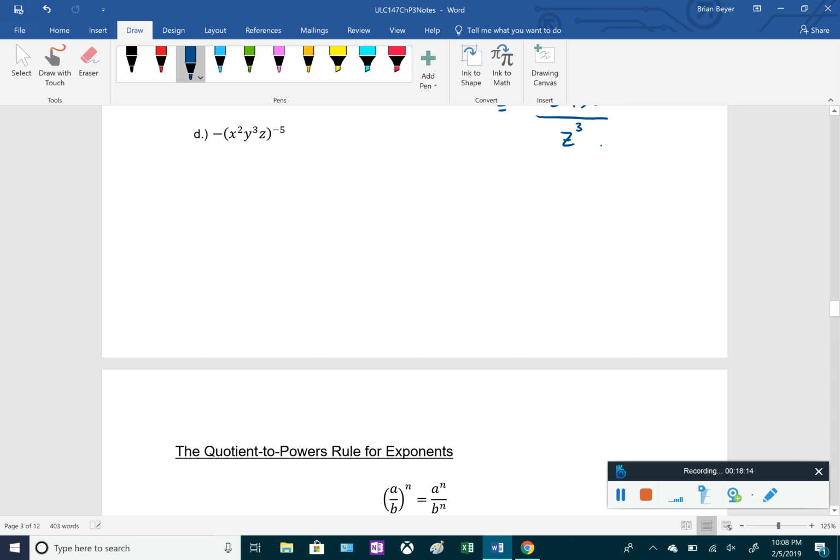Lastly here, we have negative and then x squared y cubed z, all to the negative 5. So the negative stays out front. Each one of these terms gets an exponent of negative 5. So we get this. And these are all powers to powers, so we're going to be multiplying. So negative, and then x to the 2 times negative 5, that's negative 10.